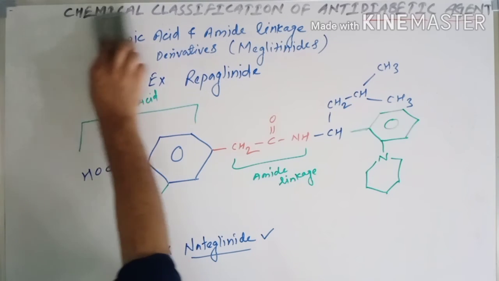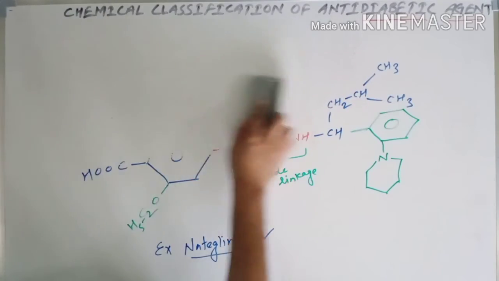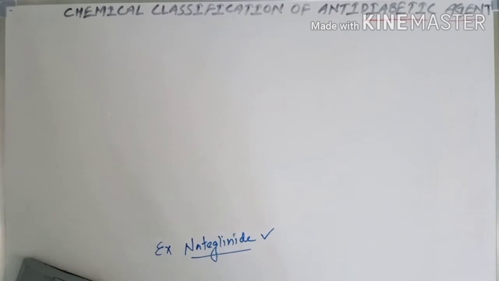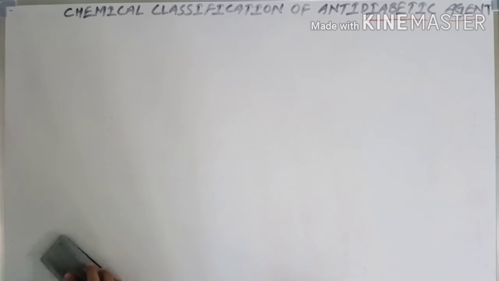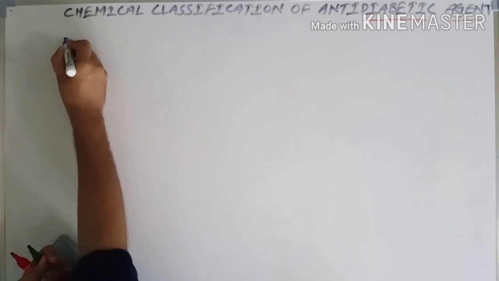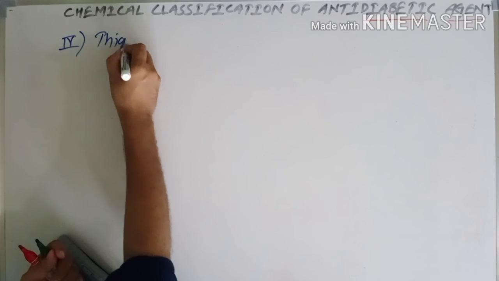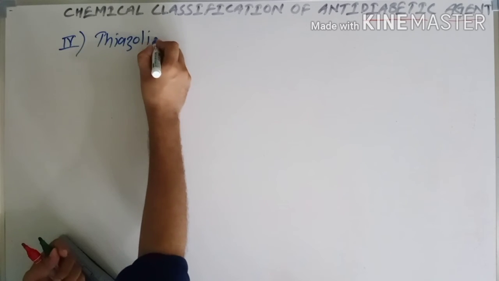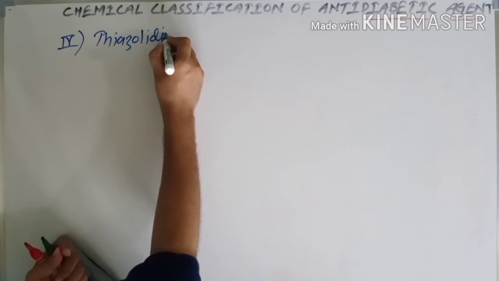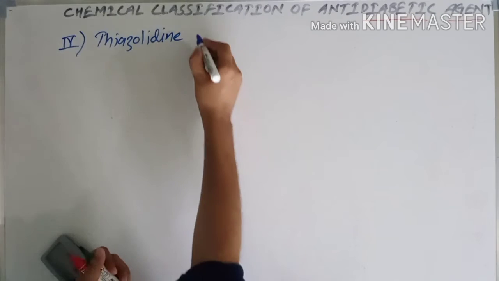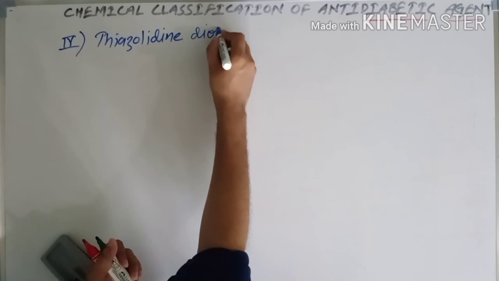Now the fourth class of anti-diabetic agent is thiazolidine dione derivative.